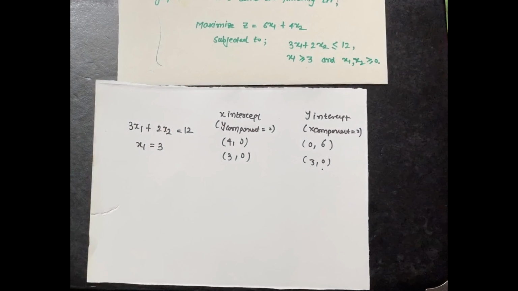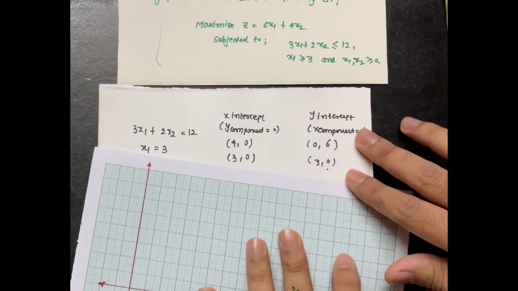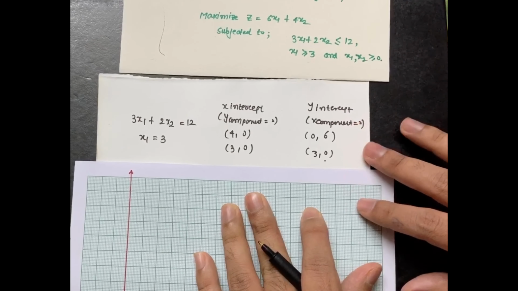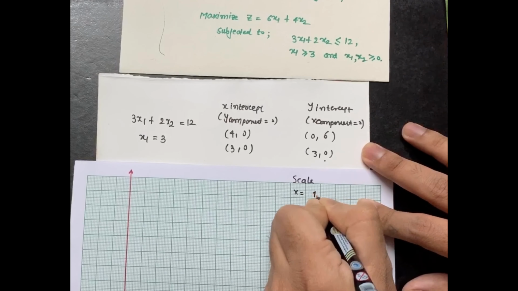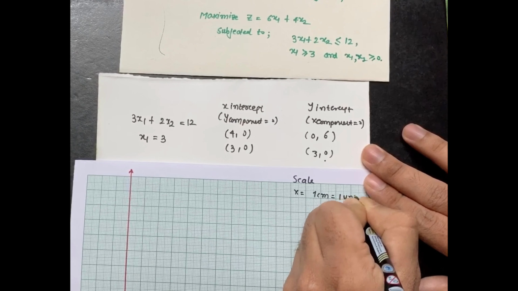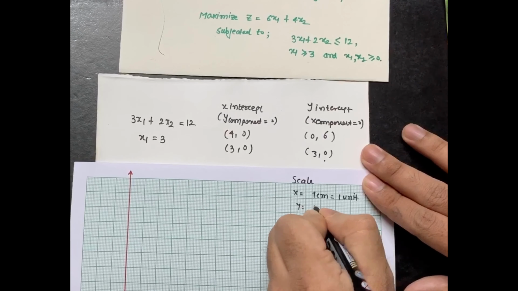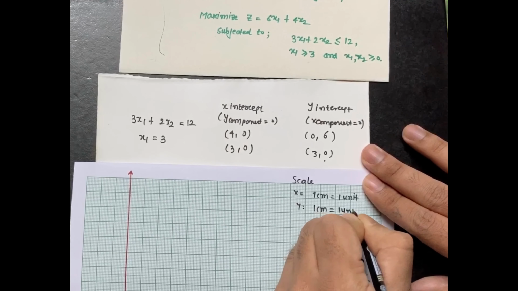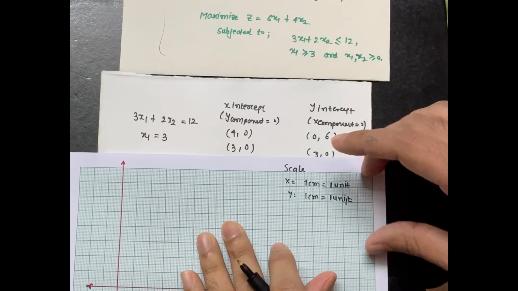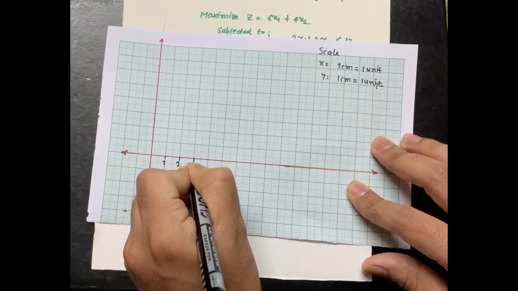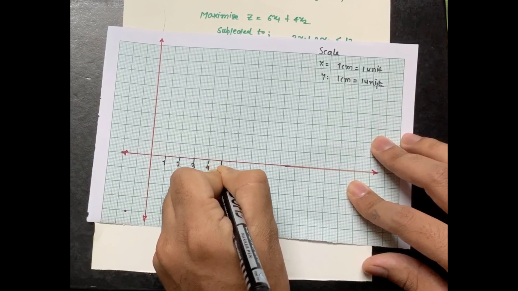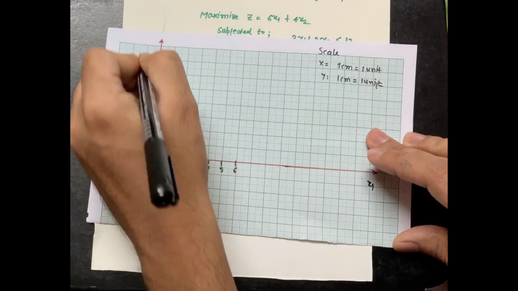Now I try to plot these two equations as lines, taking a suitable scale. The scale here on the x-axis is 1 centimeter equals 1 unit, and on y it is 1 centimeter equals 1 unit again. 1, 2, 3, 4, 5 and 6, this is my x1, this is my x2.